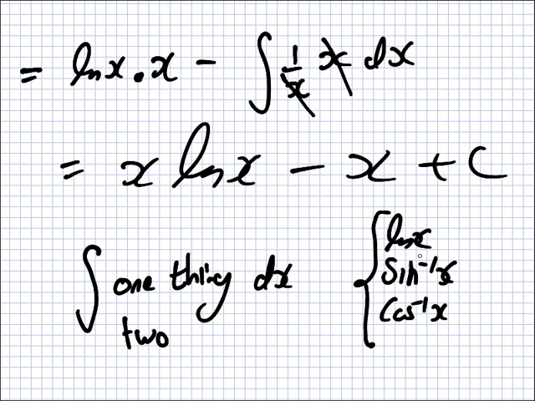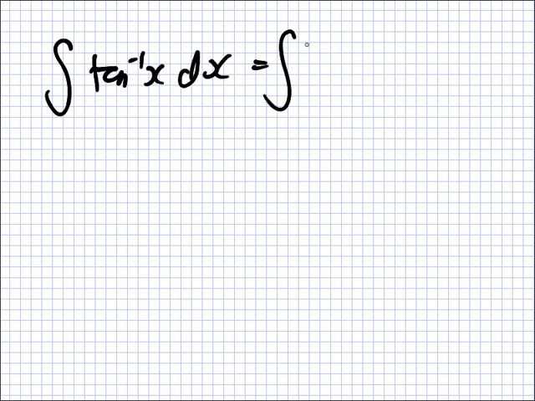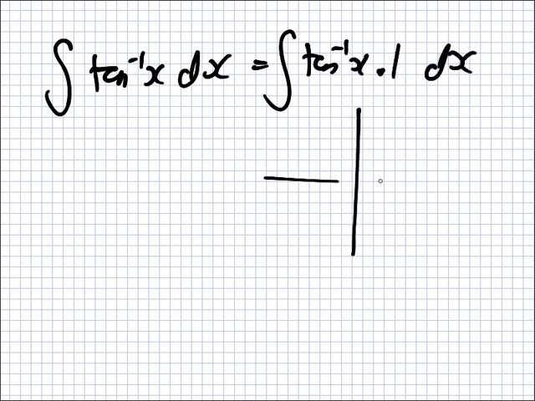Can I scroll down? Yeah. Right, so let's say you want to integrate tan inverse x dx. Well, we'll just change that into integrate tan inverse x times 1 dx. Shouldn't the 1 be before? L-I-A. Yeah, it's okay. F, F derivative, G, G derivative.